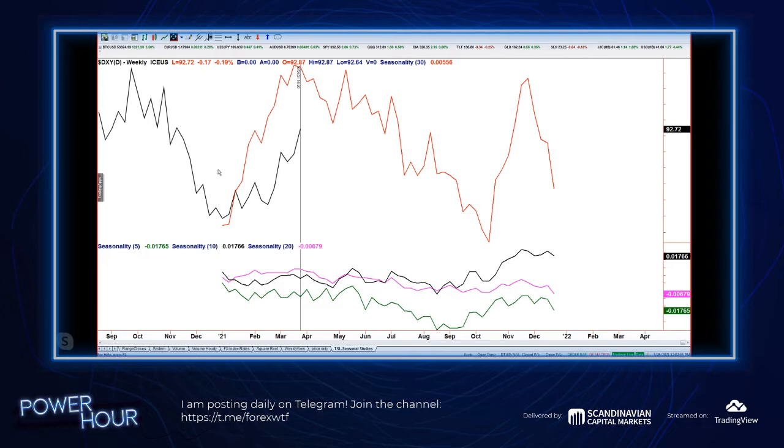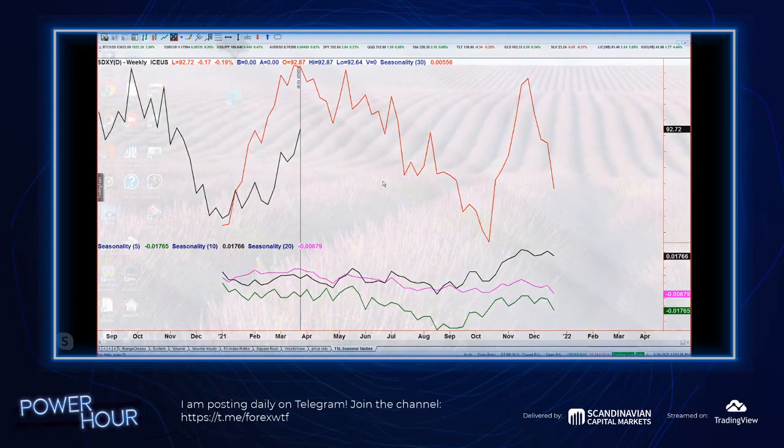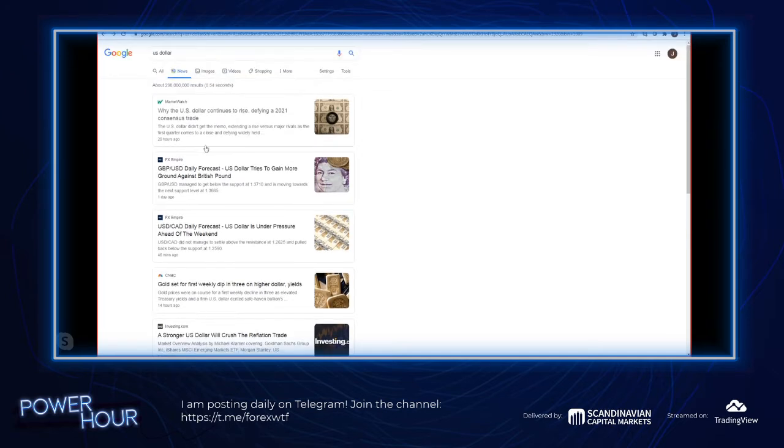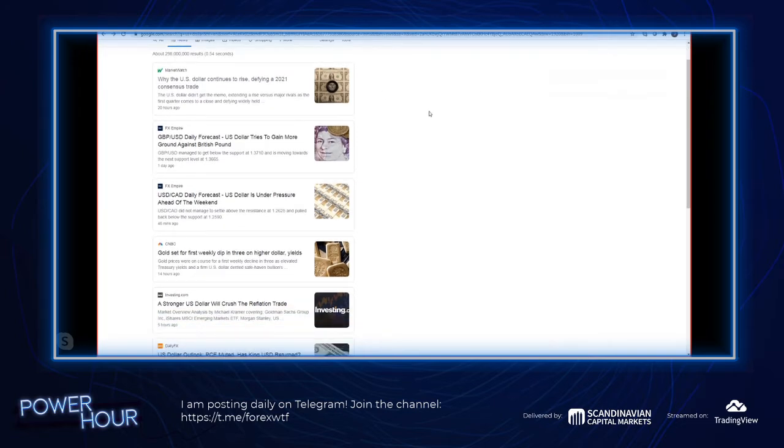Moving along to sentiment indicators. I talked a bit about this last week, but one of my go-to tools in the toolbox is to go to Google, type in US dollar, or you can do this for really any asset, and see what the headlines are that come up.